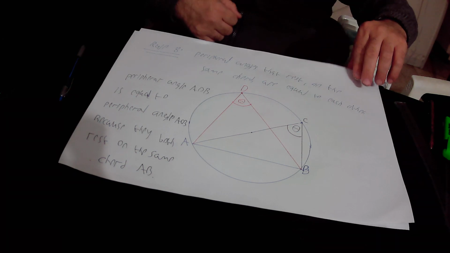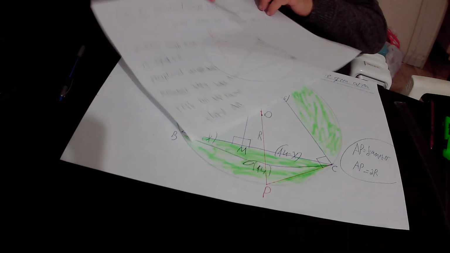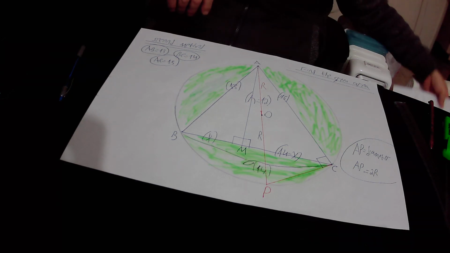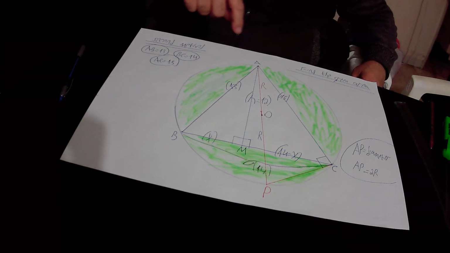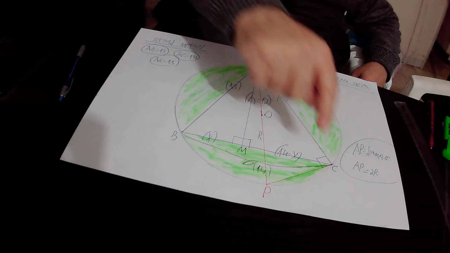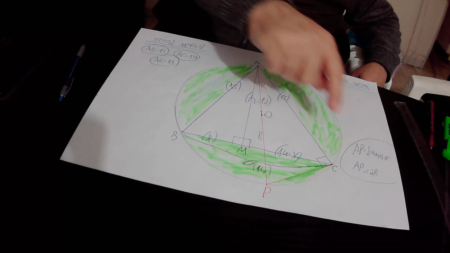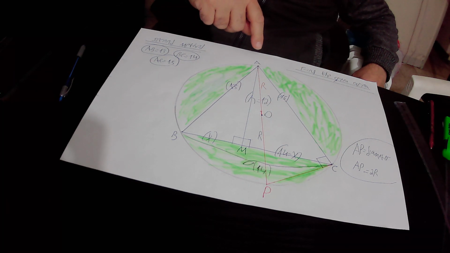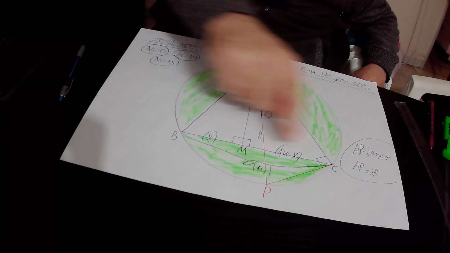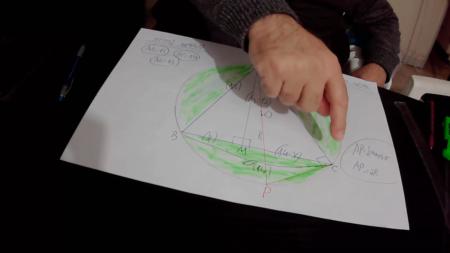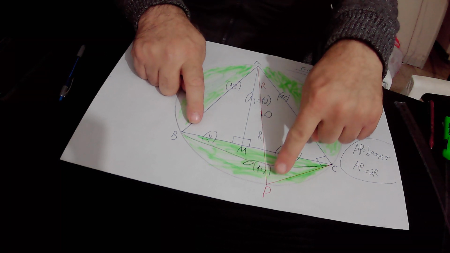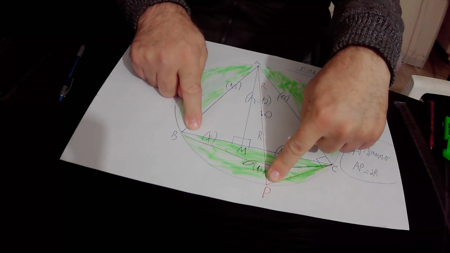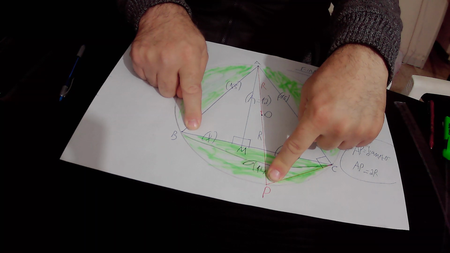So we can actually implement rule number 8 in our drawing. Why? Because in our drawing we have peripheral angle APC that rests on chord AC, but we also have another peripheral angle ABC that rests on the same chord AC. So those two peripheral angles must be equal to each other.